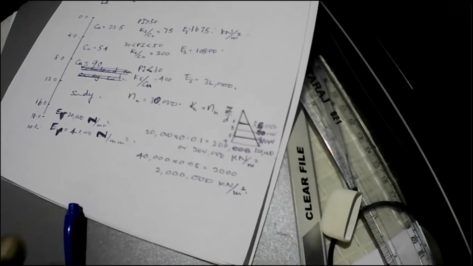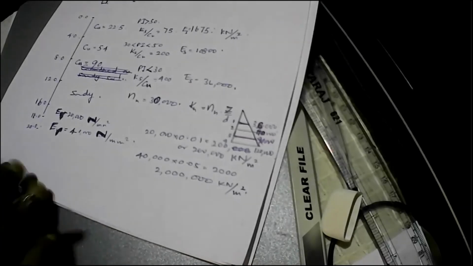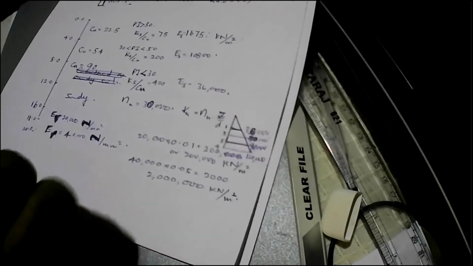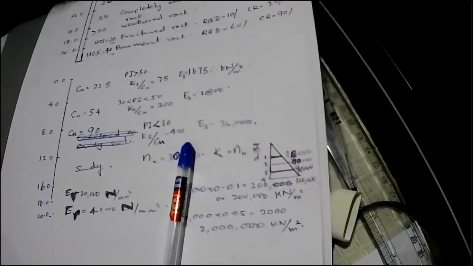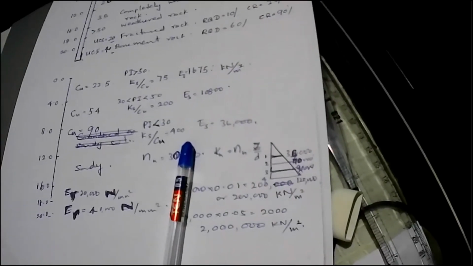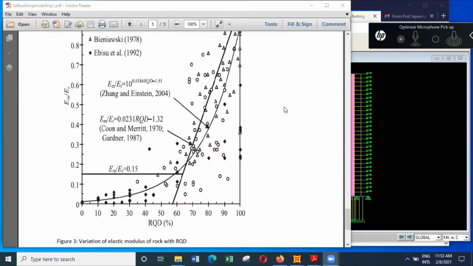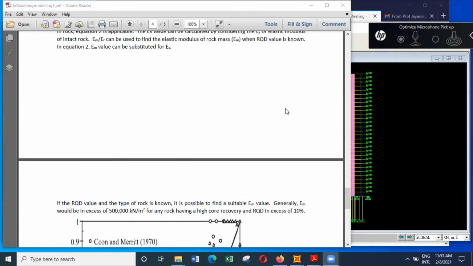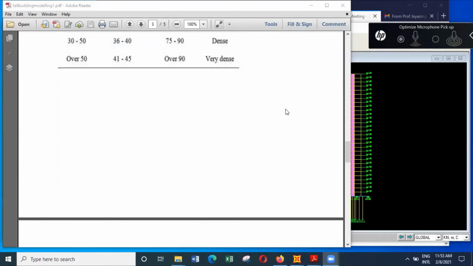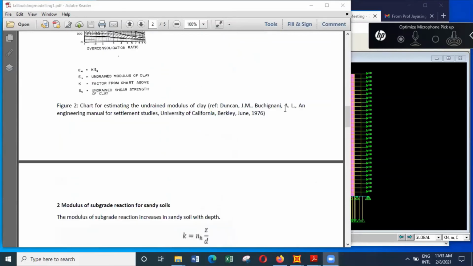So it will increase. Those are the values. So using this information, you can actually calculate the different spring constants.